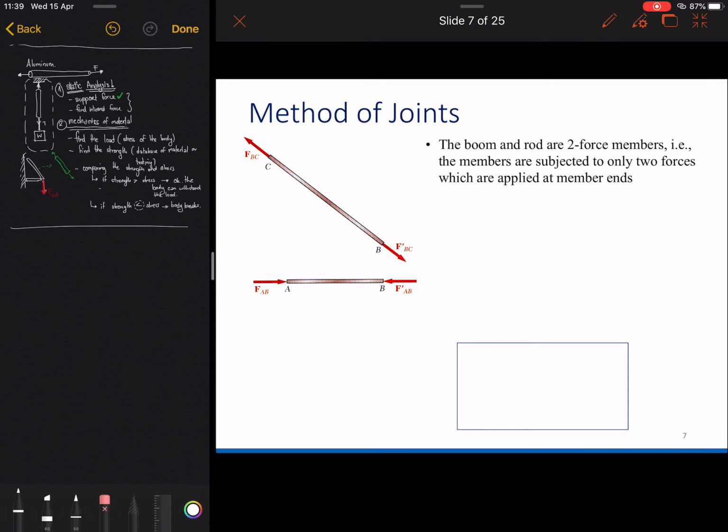And the boom and the rod are 2 force members, and the members are subjected to only 2 forces, because remember here is a rod and the boom here, we will have only either tension or compression. In this case, we are just assuming in these directions that we have a rod in tension and the boom in compression.